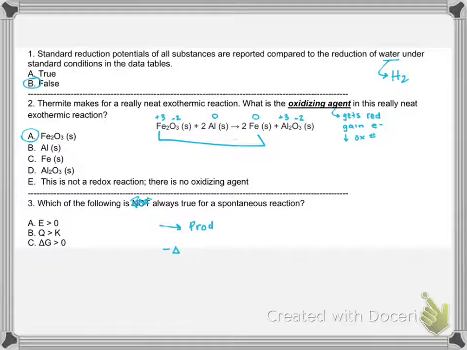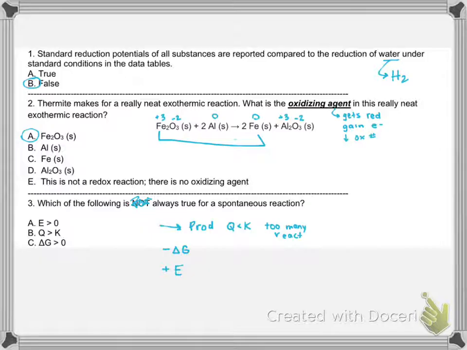We know that that means a negative delta G and a positive potential. So when we go forward toward products, that means our Q must be less than K, and we would have too many reactants. So we have to go forward to make more products.